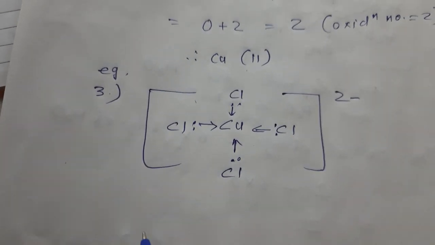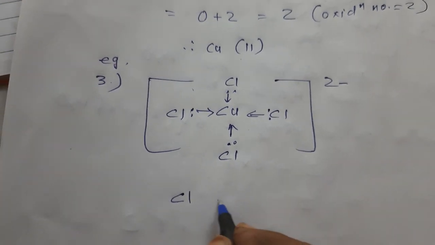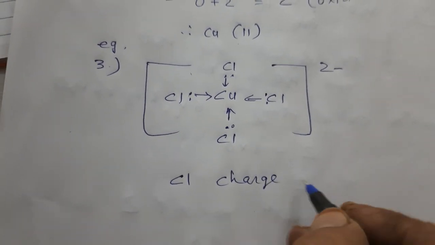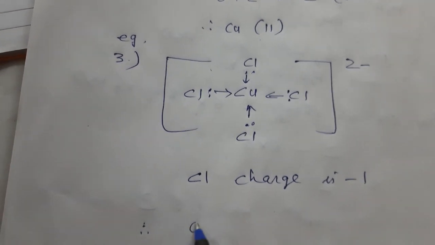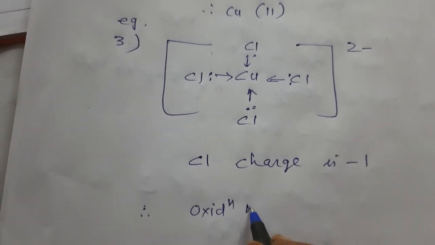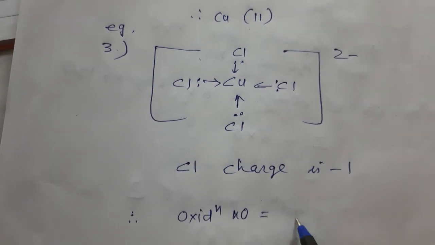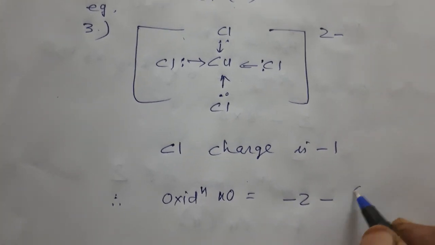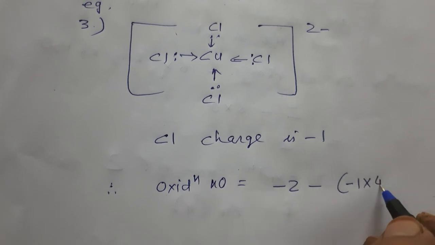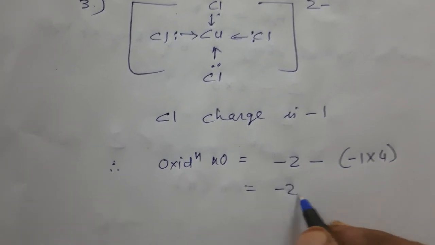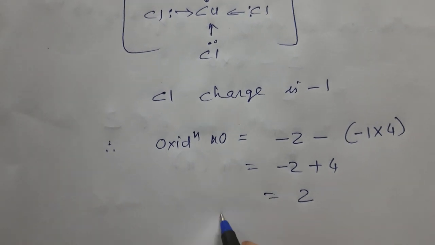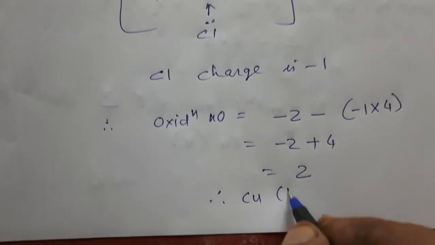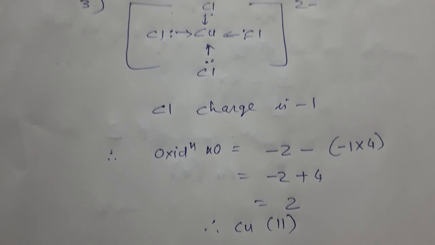Now एक ही लिगैंड है, that is Cl, and Cl charge is -1. Therefore oxidation number is equal to -2 minus (-1 into 4) is equal to -2 plus 4 is equal to 2. Therefore it is copper 2. Correct?